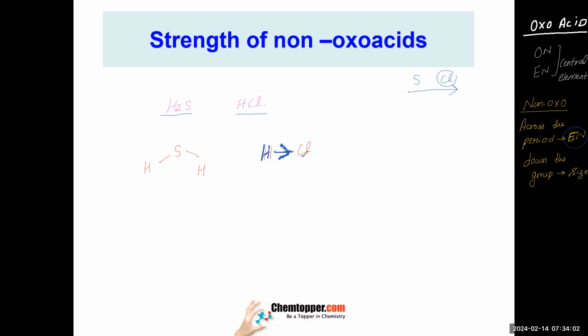More electronegative atom can pull the electron density more strongly. But this factor is dominating only across the period. But if I ask you to compare H2S with H2Se, here, this one, in the periodic table, below sulfur, there is selenium.